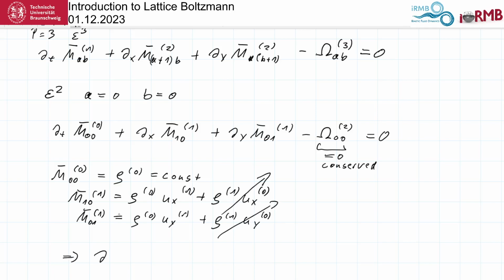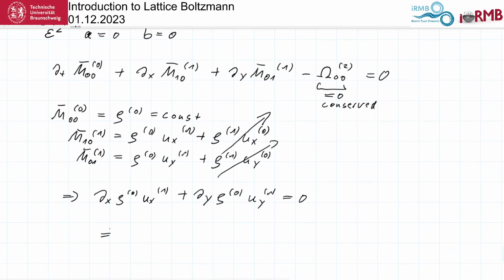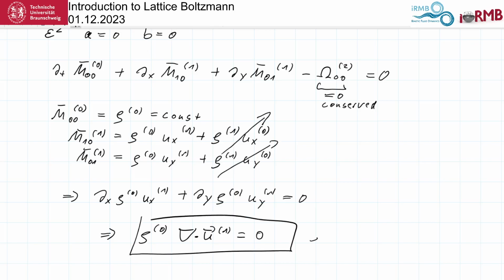And all of this together gives you dx rho 0 ux first order plus dy rho 0 uy first order, and this is equal to 0. This can be written as rho 0, because it's a constant, times the divergence of u first order, equal to 0. And this is our first equivalent PDE.